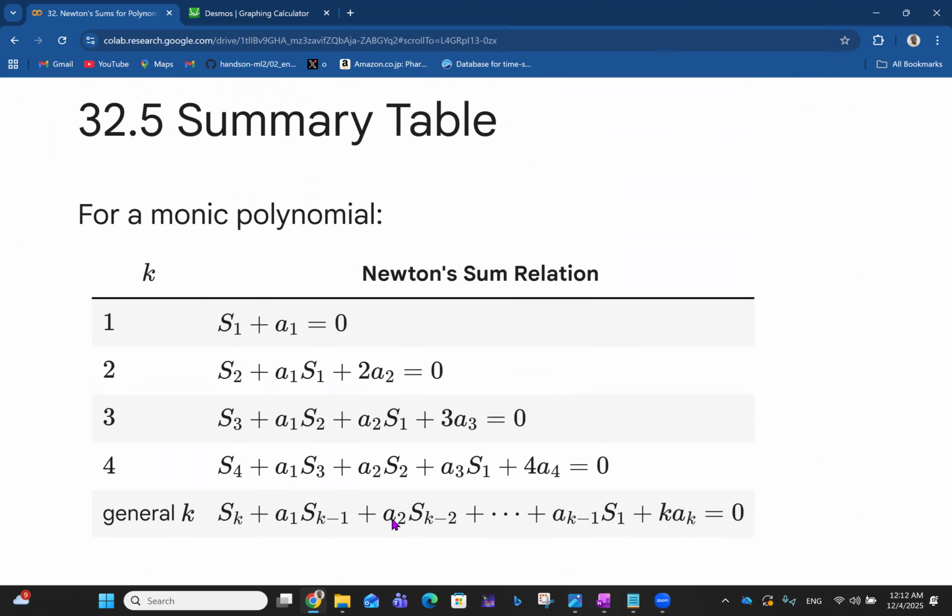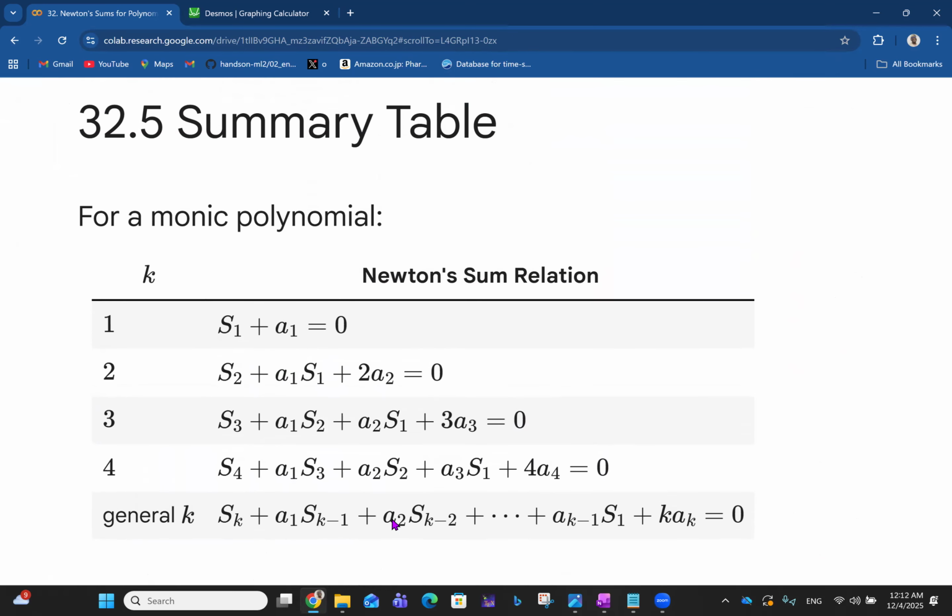Now in the summary table, for a monic polynomial, when k is 1, the Newton sum relation will be S1 plus A1 equals 0. When k is 2, we have S2 plus A1 S1 plus 2A2 equals 0. For 1, you have 2 terms equals 0, for 2 you have 3 terms, for 3 you have 4 terms, and that's the pattern.